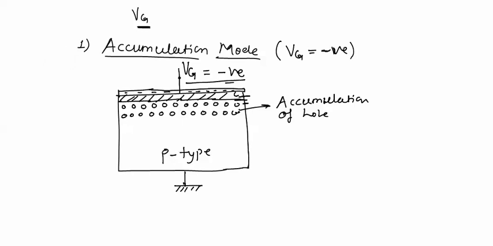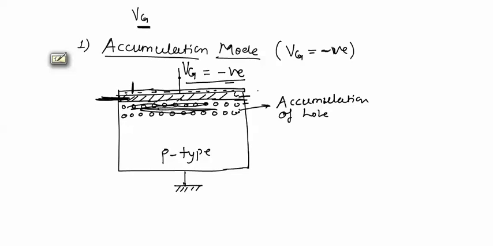Now in accumulation mode, we can see that this particular region is conducting region, and this particular region is conducting region, while in between these two conducting regions there is non-conducting region, so it can be seen as a parallel plate capacitor.